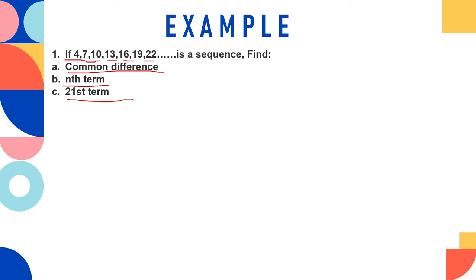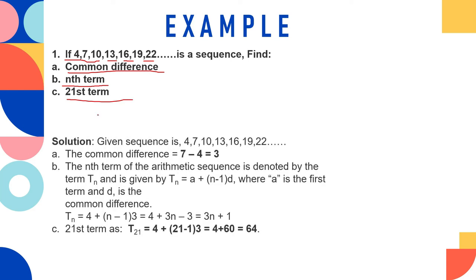So the solution is: the given sequence is 4, 7, 10, 13, 16, 19, 22, and so on.